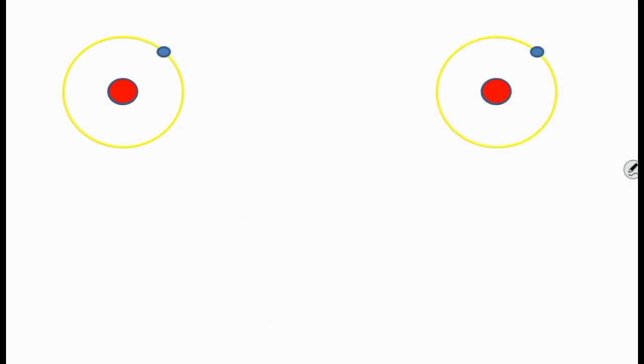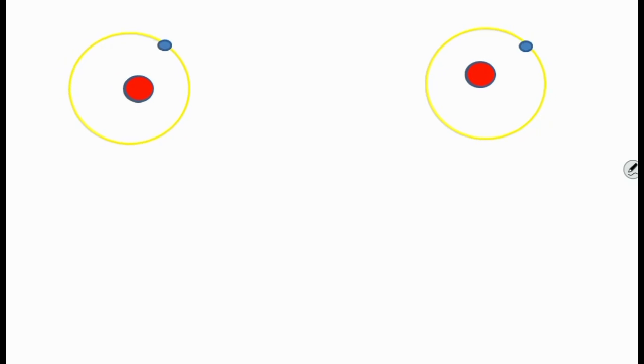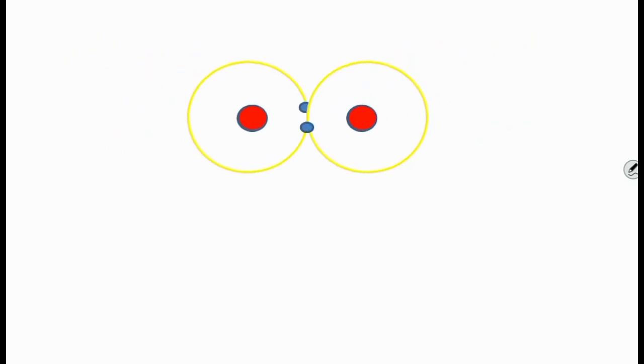Okay. Now, imagine this is hydrogen. When hydrogen combines together, there will be electron sharing between one atom of hydrogen and the other.